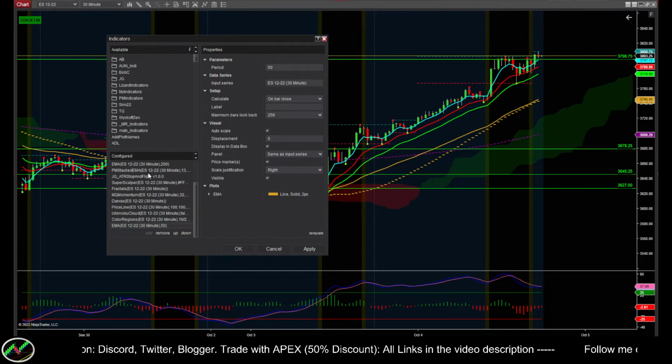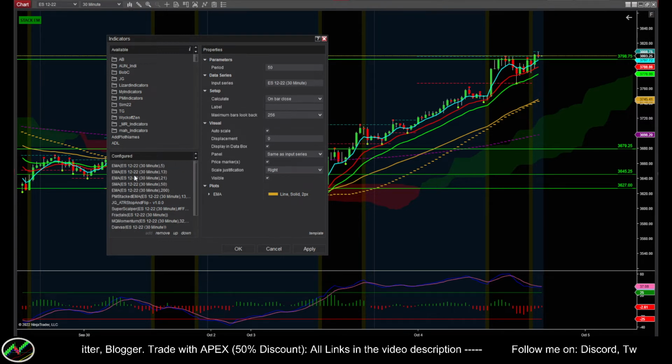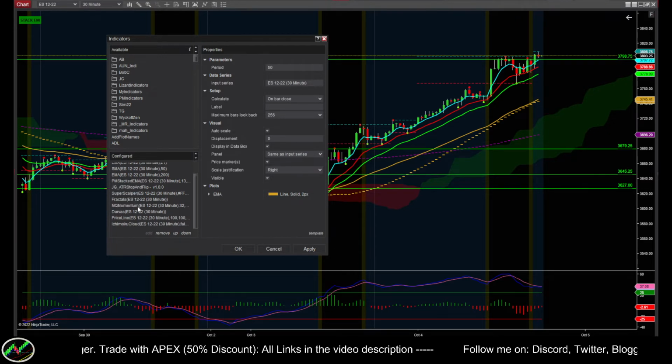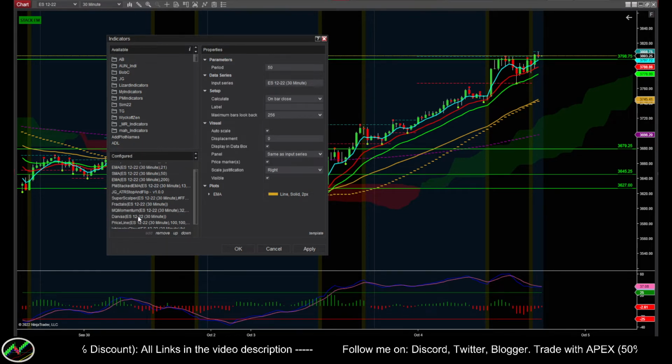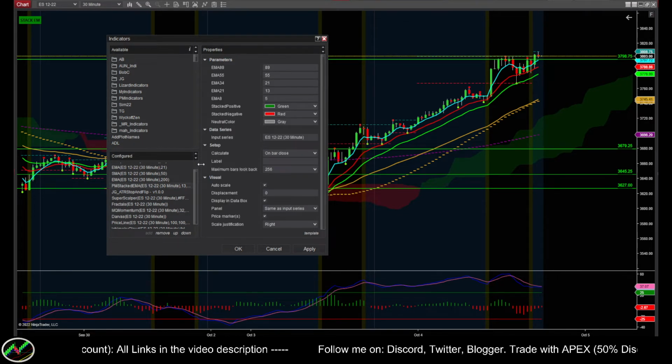The stack EMA is set up like this. Let me show you. Where are you? Darvas. I lost it. Where is it? PM stack. Okay, right there.